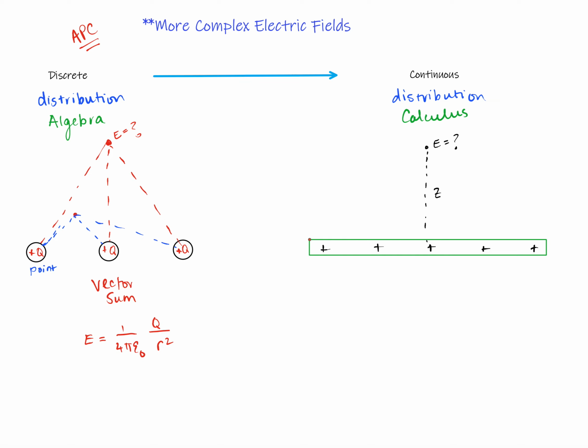It's saying that basically this end of the bar is affecting the field at that point, and so it is, say, this point right here, and maybe this point right here, and all the points, every little infinitesimal point along this length is contributing to the electric field at this point.